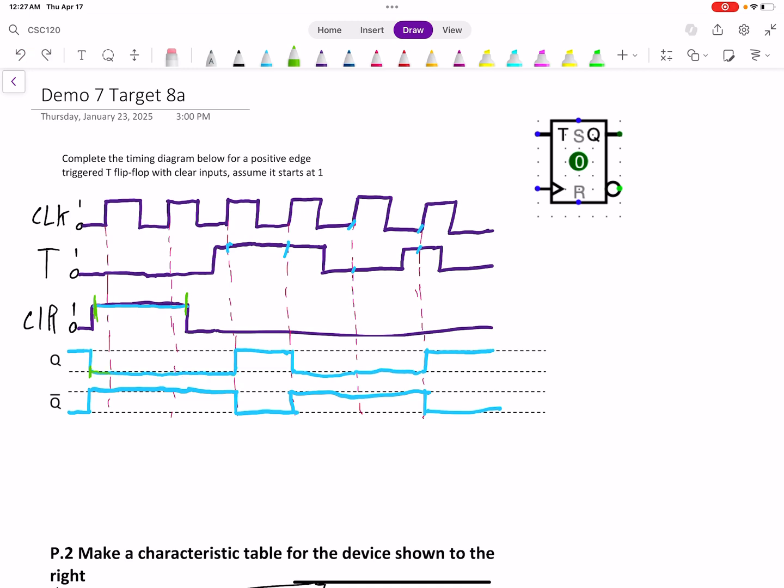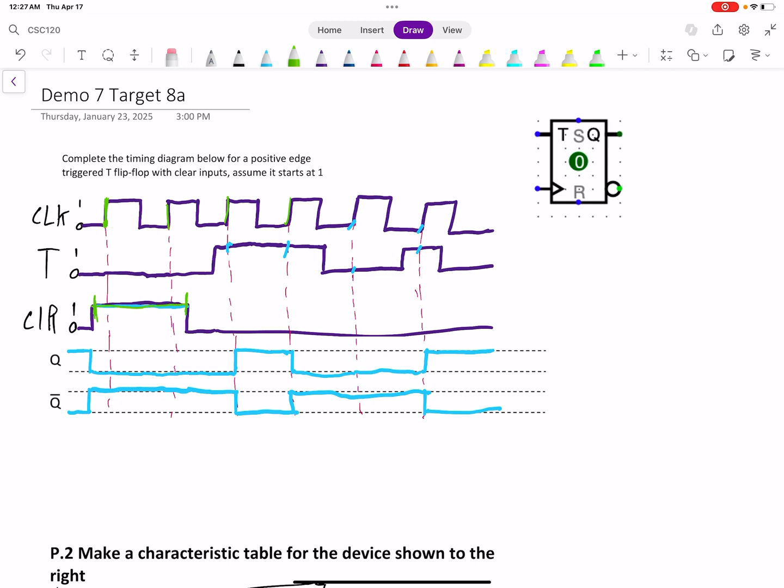Since this is positive edge triggered, we only care about the clock cycles right here, where the clock is going from 0 to 1, 0 to 1, 0 to 1, 0 to 1, as you can see right there. And then our Q value is going to be 0 when clear is on or active.